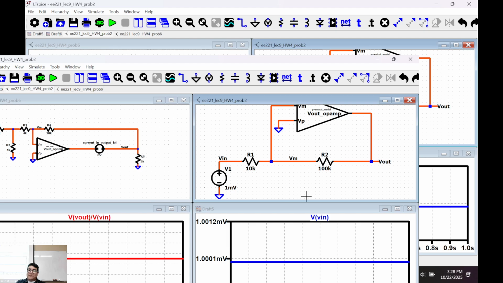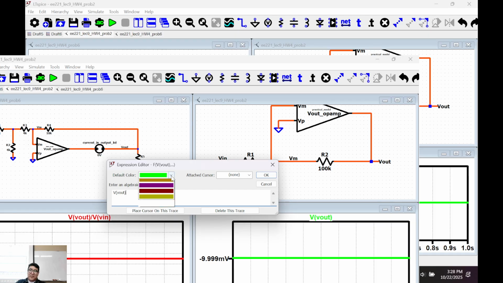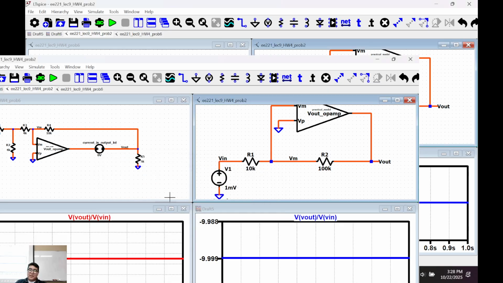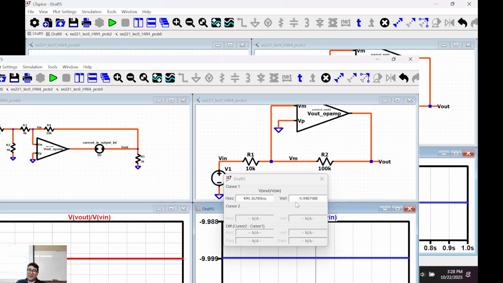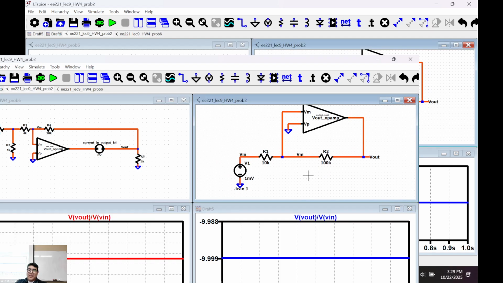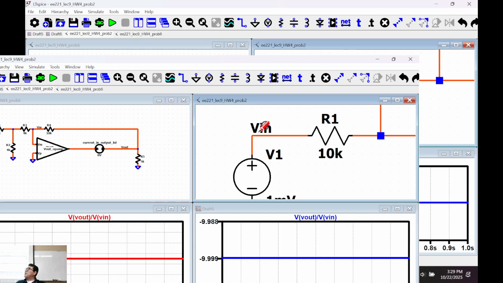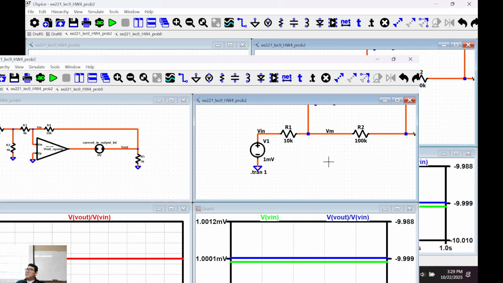Here's Vn, and here's Vout. I'm going to do Vout, color this blue, divided by V of Vn. What's the gain? Minus 10. Does that make sense with everybody? And then why am I typing Vout over Vin? This right here is just V, which is a voltage, and then the name of the node. You have to name your nodes as well, okay? Does that make sense with everybody?